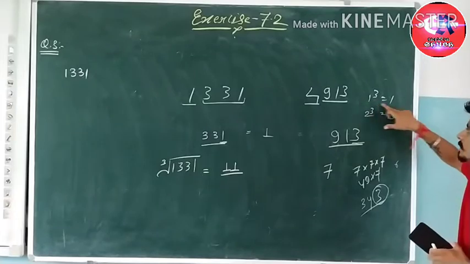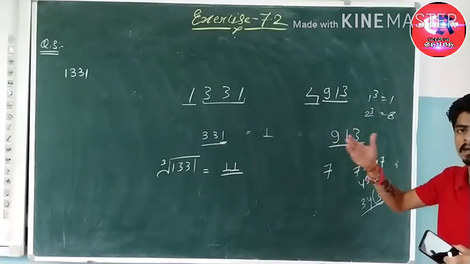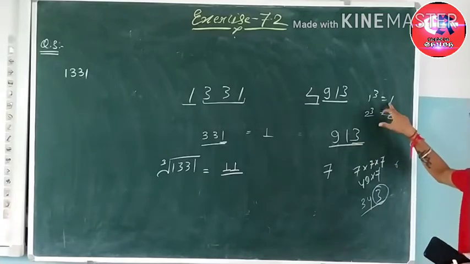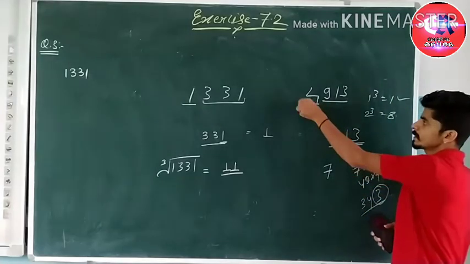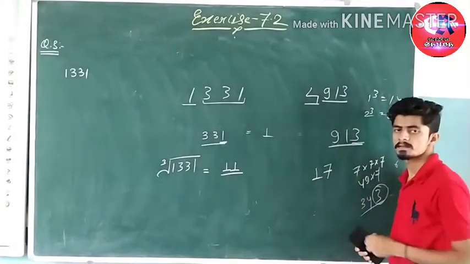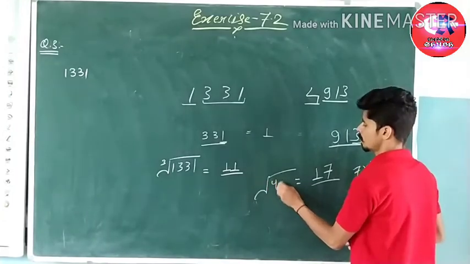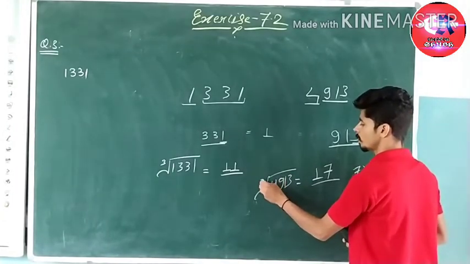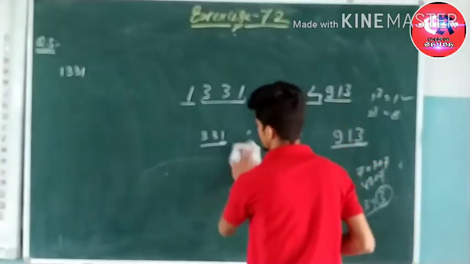So we have to consider the one that is not more than 4, either equal or less. So we have to consider 1. So by the second pair we get 1, and the number is 17. So it becomes the cube root of 4913.